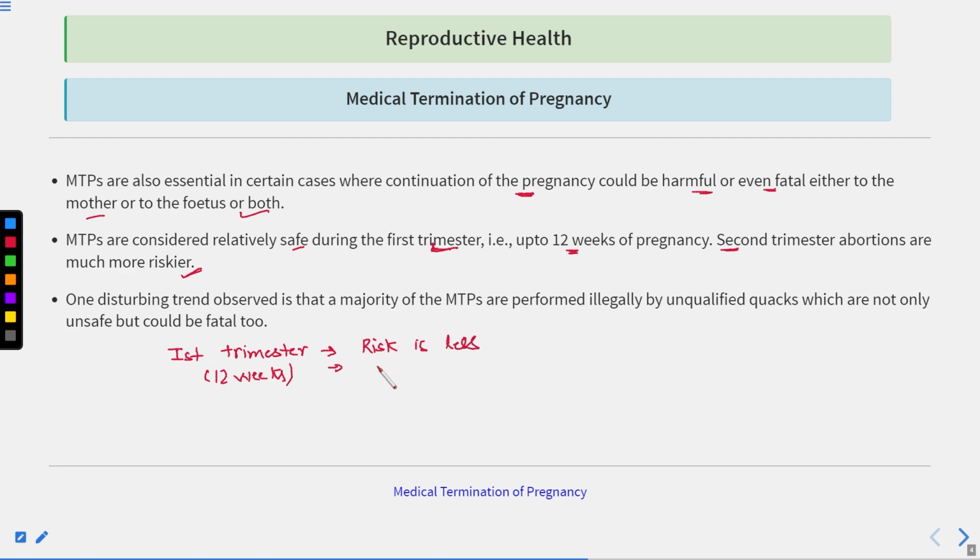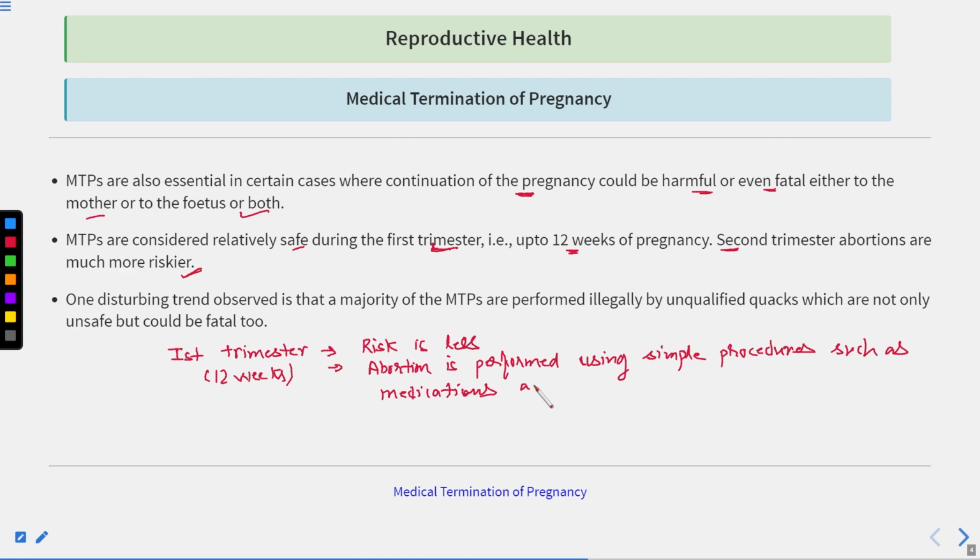Because here the abortion is performed using simple procedures, such as medication, using medicines, and what else?